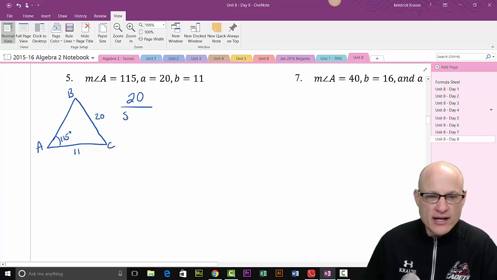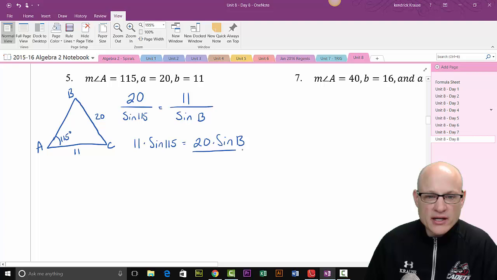20 over the sine of 115 equals 11 over sine of b. So our goal is to find b. All right. Cross multiply. I get 11 times the sine of 115 equals 20 times the sine of b.